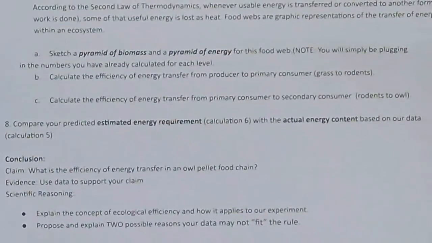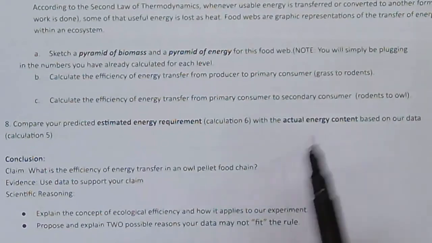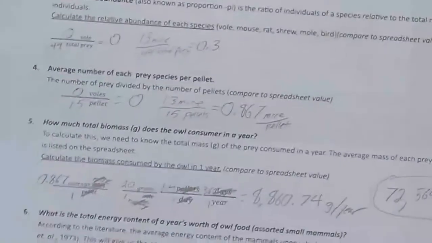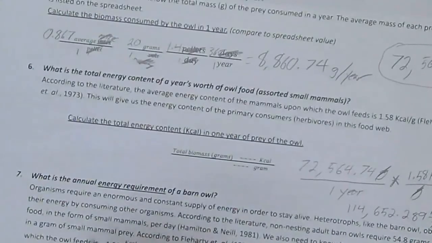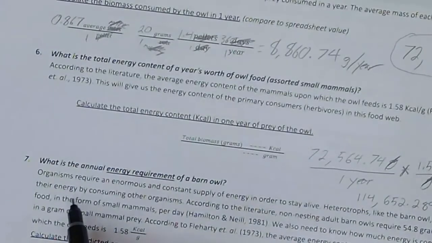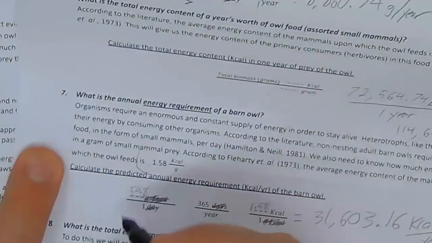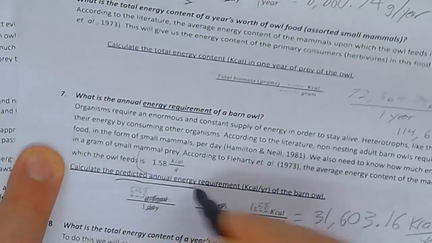We're going to look at this last one, and this is an error in here. So those of you that made it to number 8 and didn't know what was going on, it's actually the estimated energy is going to be number 7, right? And then they call it predicted annual energy right here, down here, sorry. The predicted annual energy.